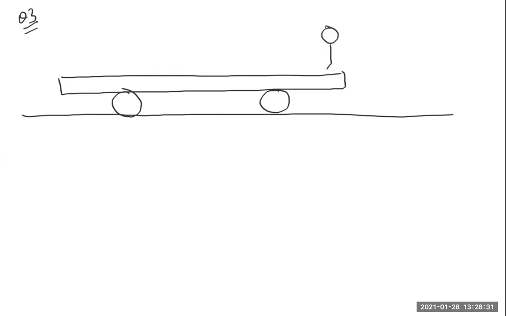There are two people now, A and B. Both of them have mass M. Cart has mass M. So A jumps with... not always, only when the force along that particular axis is zero, external force. A jumps with V naught with respect to cart.